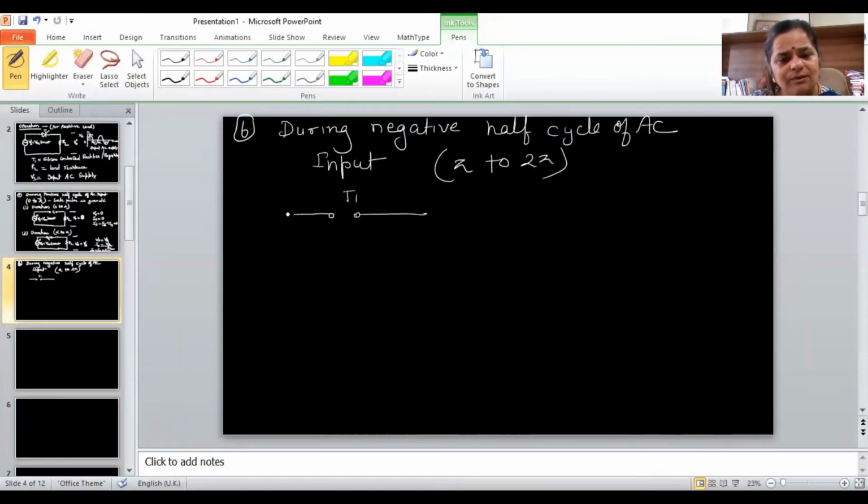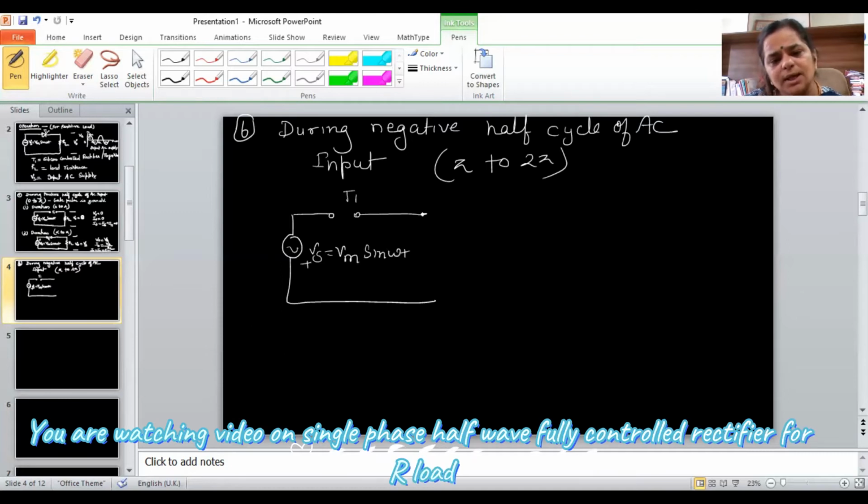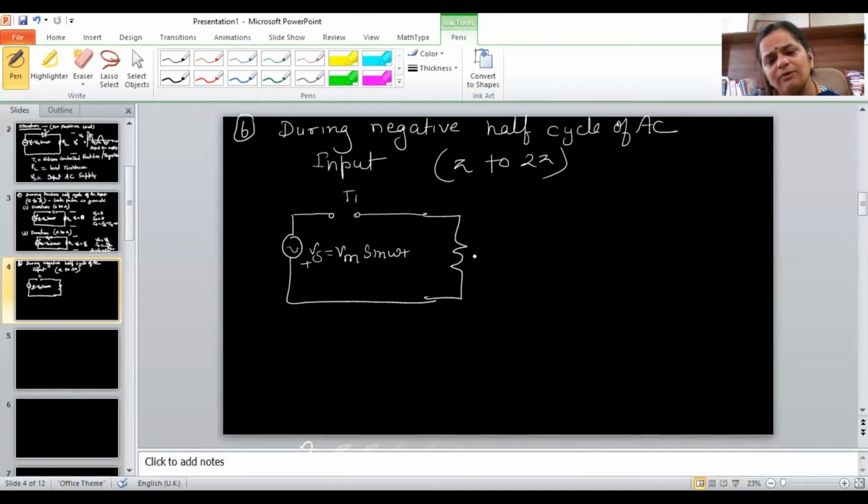That means T1 will be off at pi, and now the lower plate will be positive, as I am talking about the negative cycle. So Vs is equal to Vm sin omega t, and here I am having the load resistance. Now you can see the load voltage will be again 0 as the supply voltage is disconnected from the load.